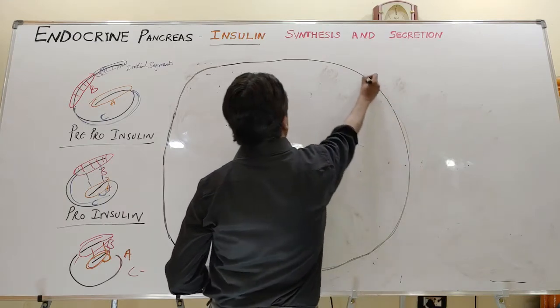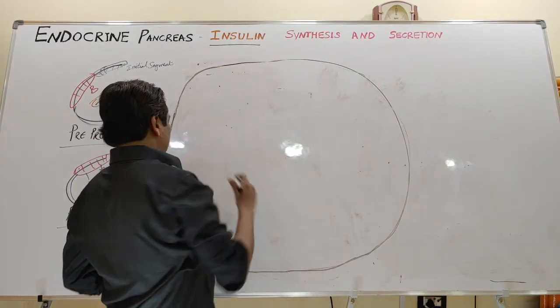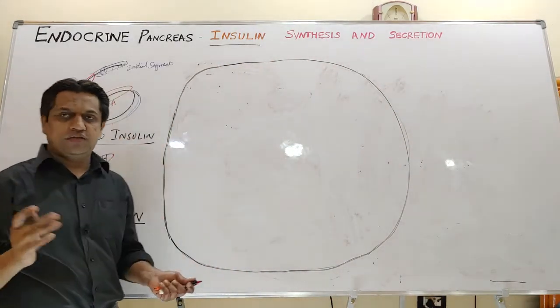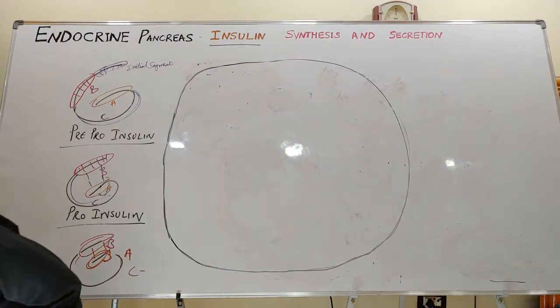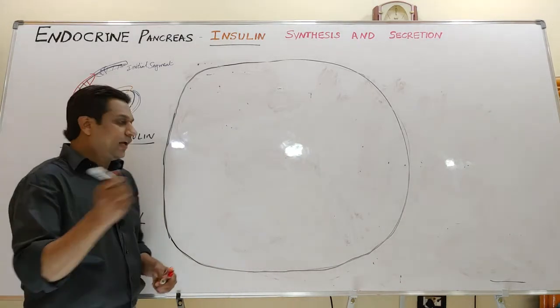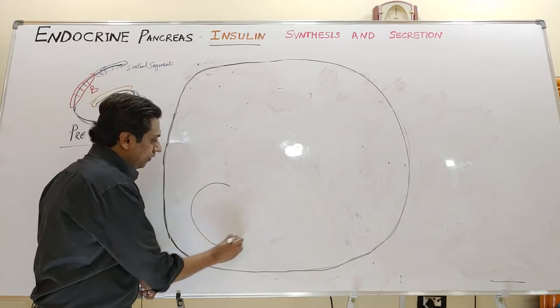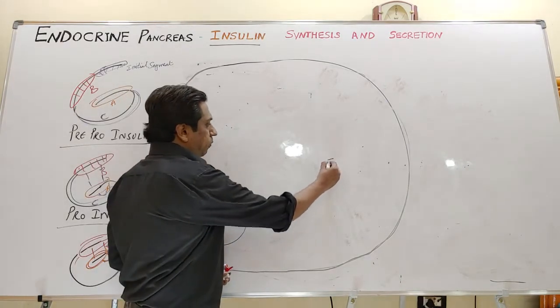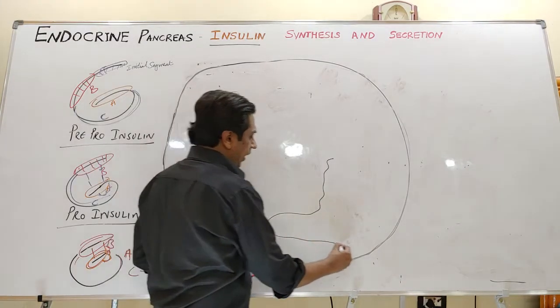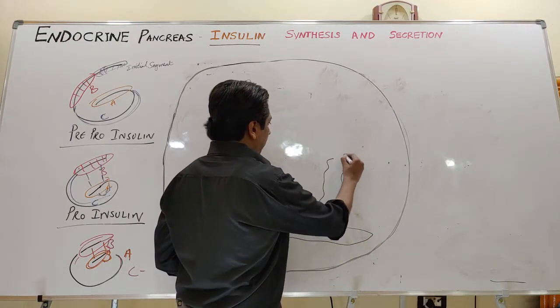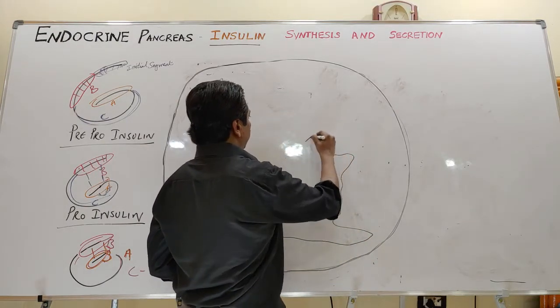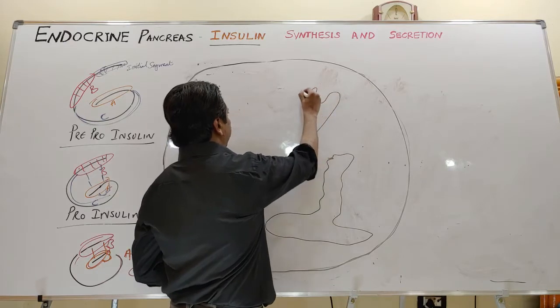One cell. As a cell it will have the various cell organelles, like a typical cell: nucleus, endoplasmic reticulum, then Golgi apparatus.